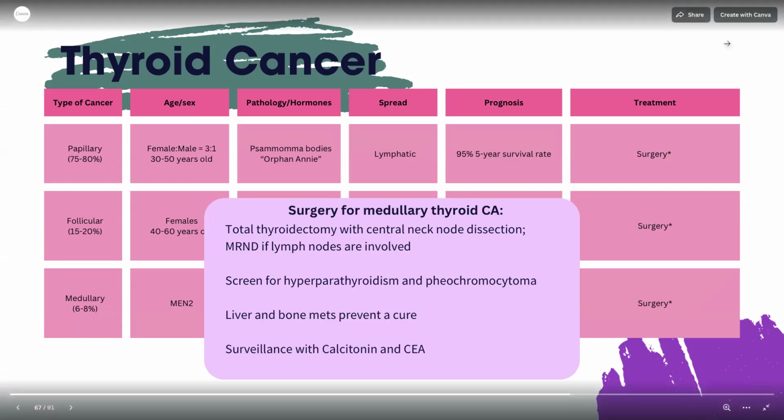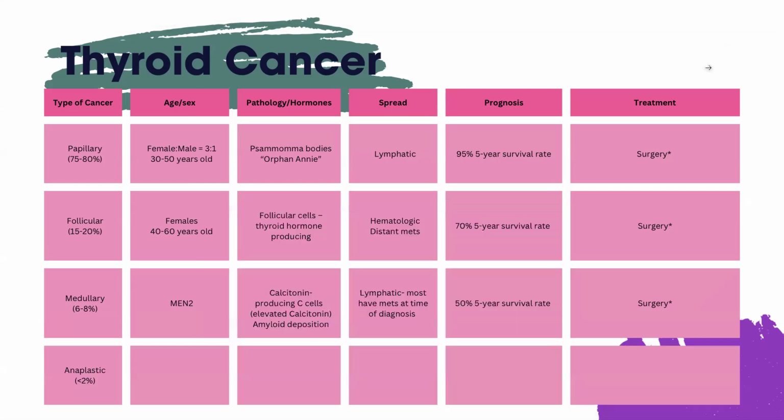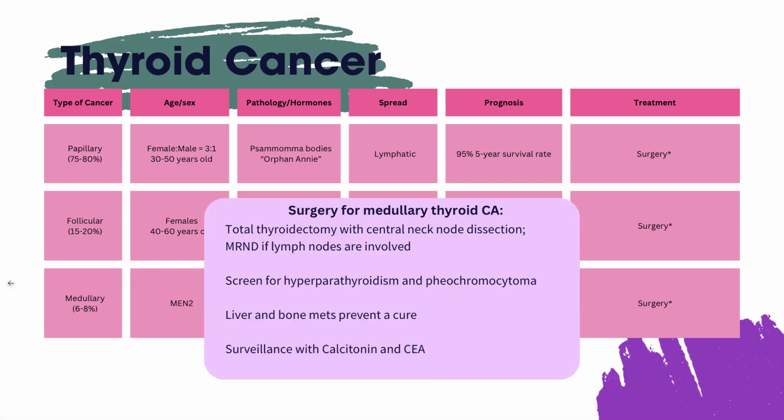So this is going to be a total thyroidectomy with a central neck node dissection. And then if there's any concern, you also want to do, let's see, I'll go back. If there's any concern for lymph nodes, you'll also then extend to a modified radical neck dissection.